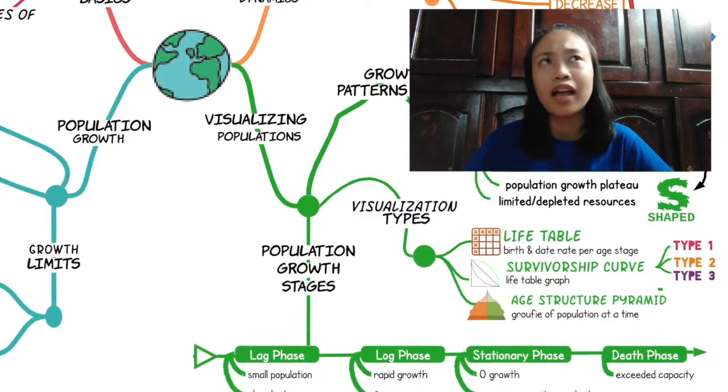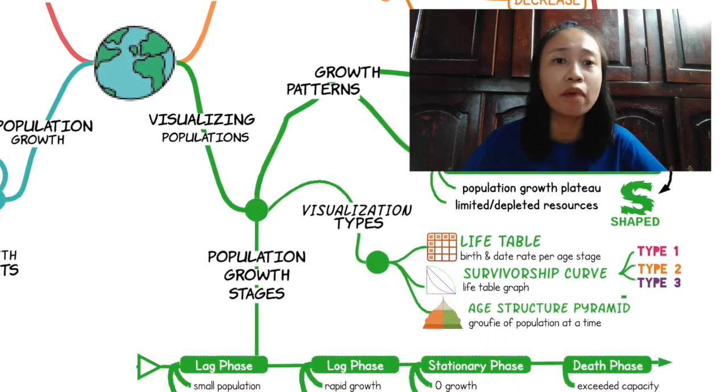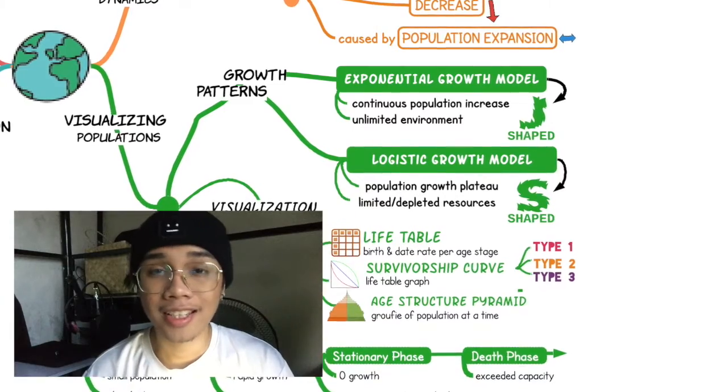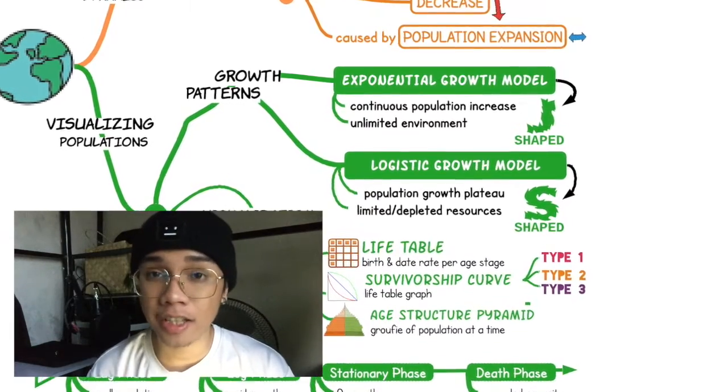And for the last main point of our mind map, we will be discussing the visualization of population through graphs. So, how do researchers visualize the population? There are two growth pattern models used to visualize populations. First is the exponential, which is the J-shaped model.